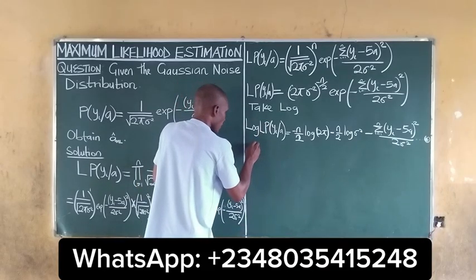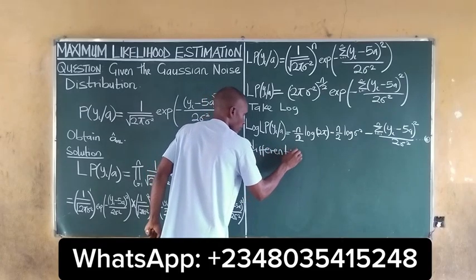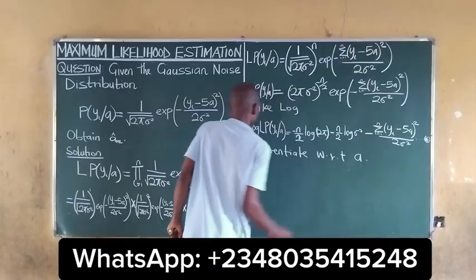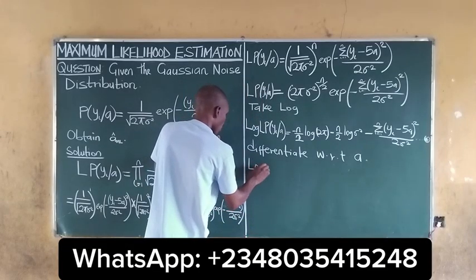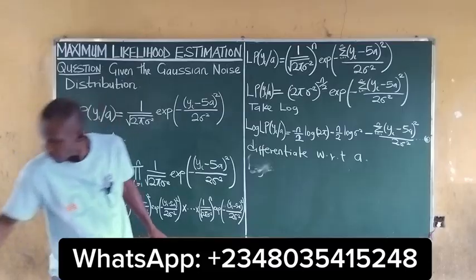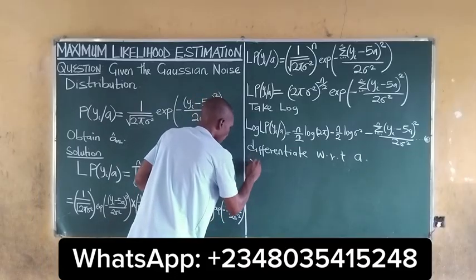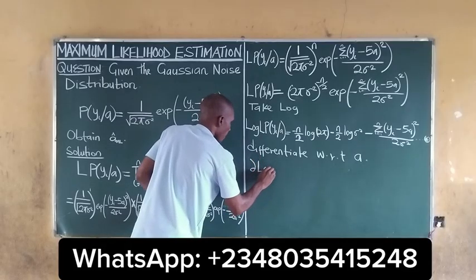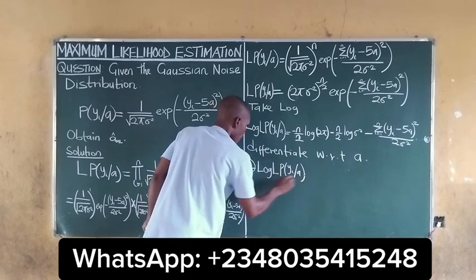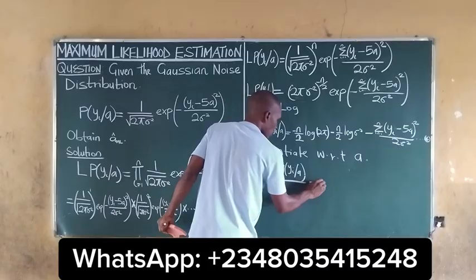So we have the differential of this function, log yi a all over dA, to give us, if we differentiate this, we get 0.